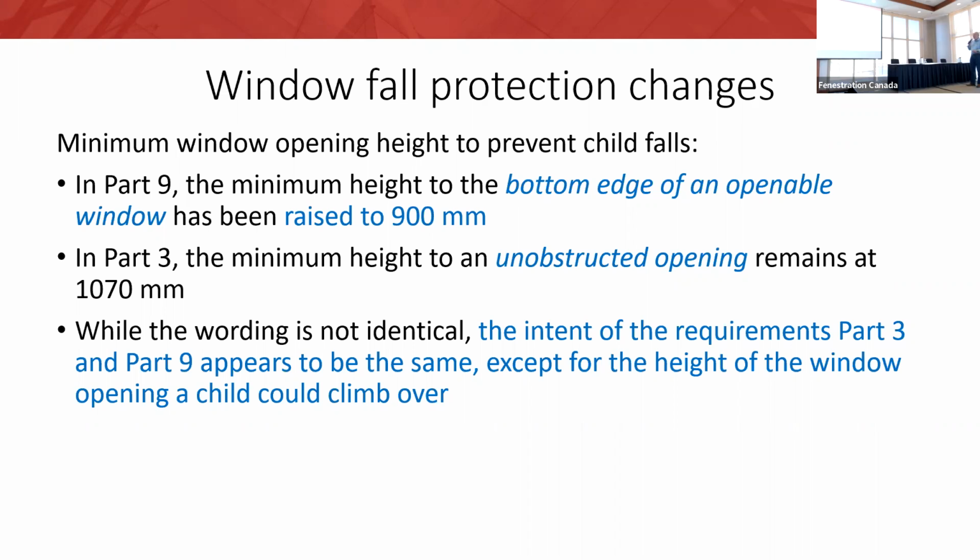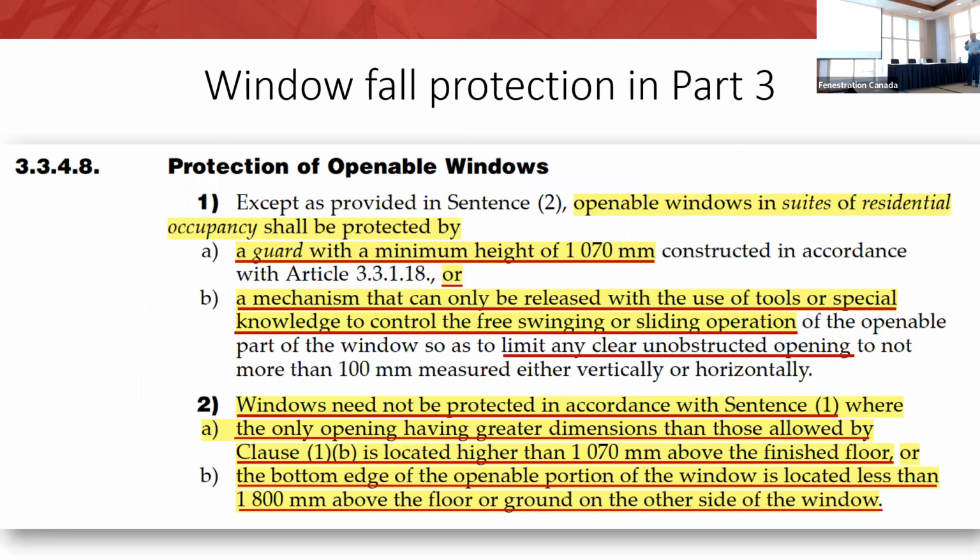In part 3, the requirements haven't changed at 1070. So the wording between the two parts of the code is not identical, but the intent appears to be the same except for the height of the opening a child could climb over. But the language in part 3 and part 9 has changed.